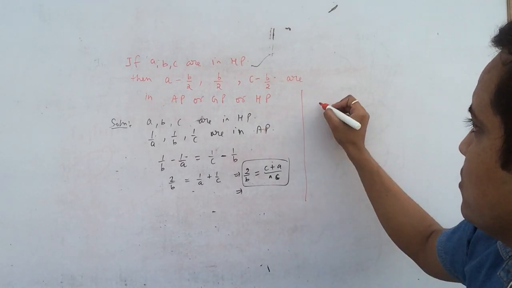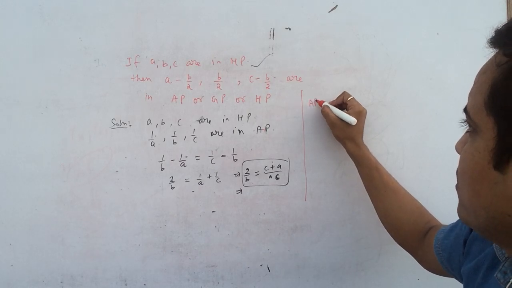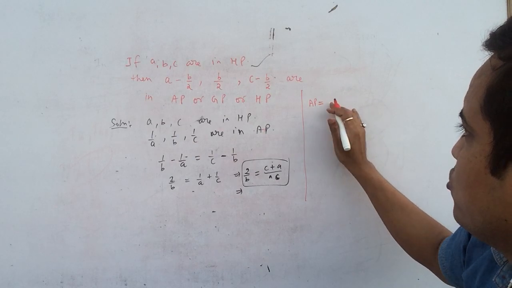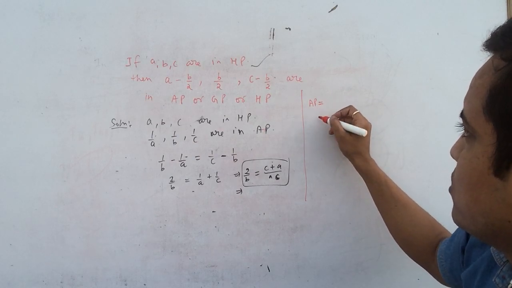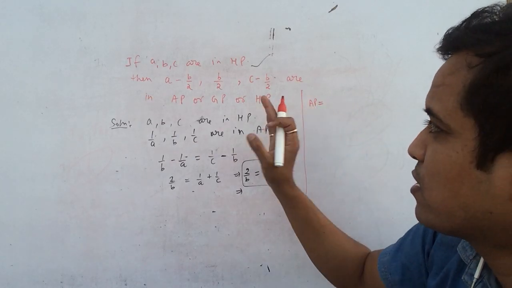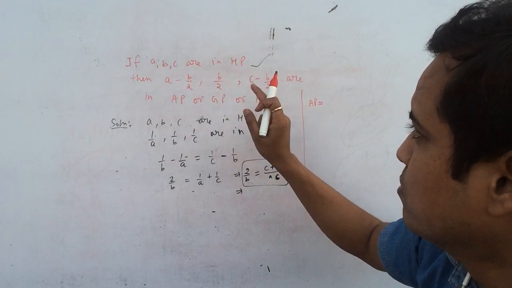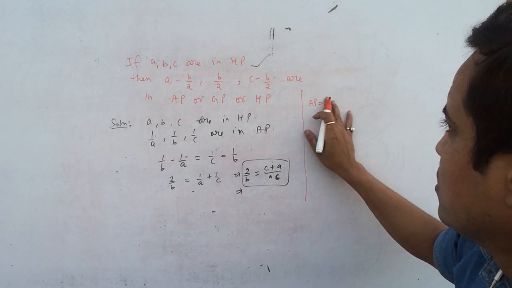Okay. So for AP, since you have 3 terms, it is very easy to check. What is the checking point? b by 2 would be the arithmetic mean of the other two.